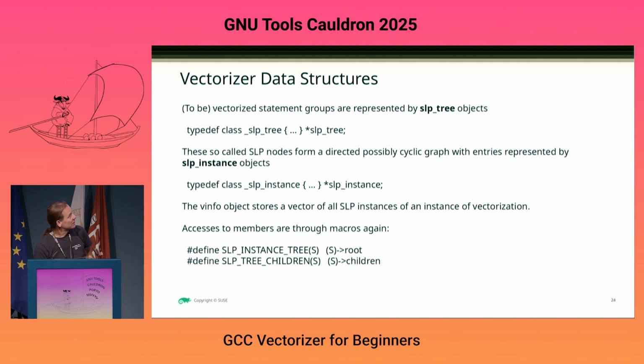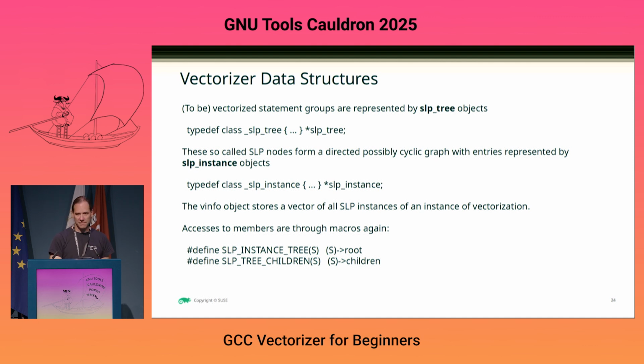But still, it groups scalar statements, and the SLP trees are nodes in the SLP graph, and the SLP graph has entries, and each entry is represented by the SLP instance object. Again, accesses to members are through macros. We have the SLP_INSTANCE and the SLP_TREE macros.